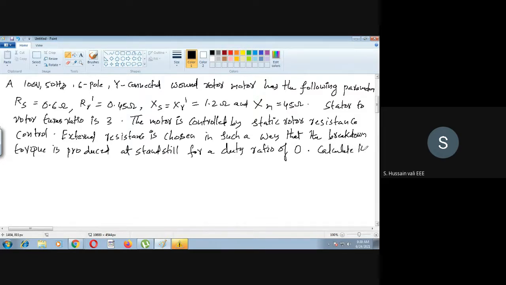Calculate the value of external resistance.